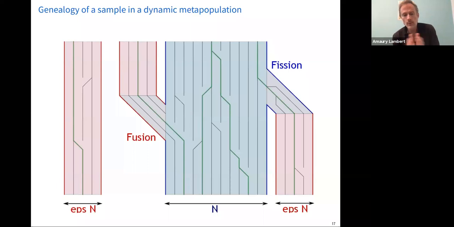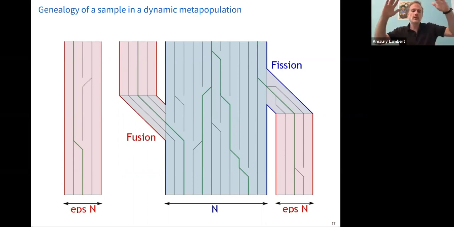So it's very simple. You draw individuals from the main population, for example, maybe one from each colony or something like this. And then you trace back the lineages of these individuals through time. Now, because the colonies are too small, you will never encounter two green lineages, lineages ancestral to the sample, in the same colony.